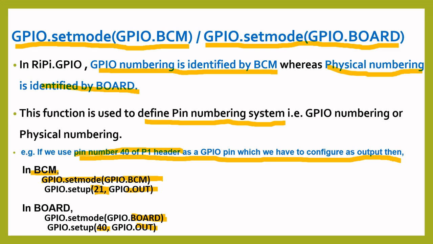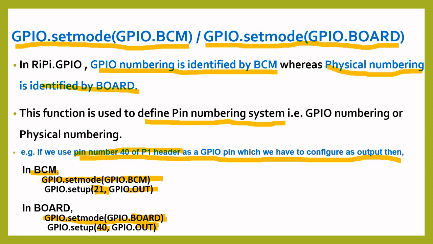So remember, when I have to use that pin as a physical pin, I have to write GPIO.setMode, GPIO.BOARD, and mention the physical pin number as an output here.